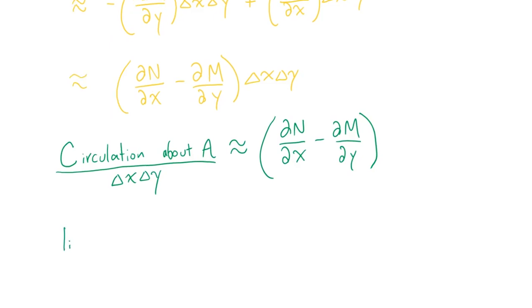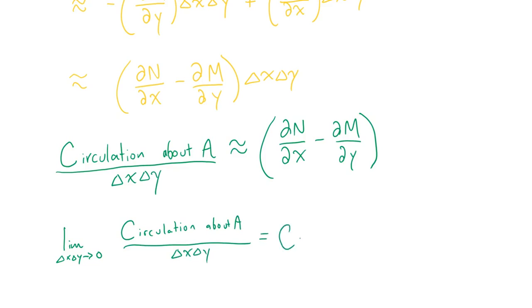So if we take the limit as delta x delta y goes to 0 of our circulation about A over the area of that, then what that will become is not the circulation about A, but rather the circulation density at the point x comma y.